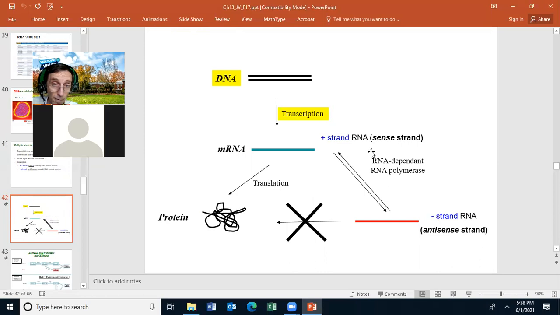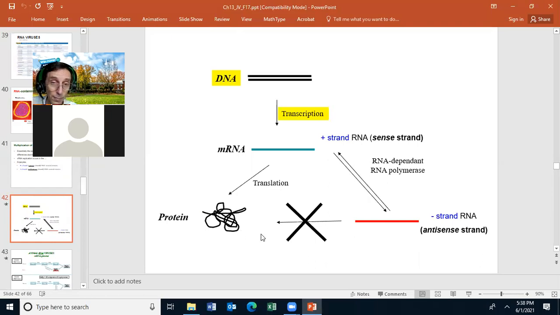And then furthermore, the positive strand RNA can be used to replicate the viral genome. So the positive strand will be used to make the newly replicated negative strand RNA genome. And then the negative strand RNA genome can get together with the protein coat to make the new virions.